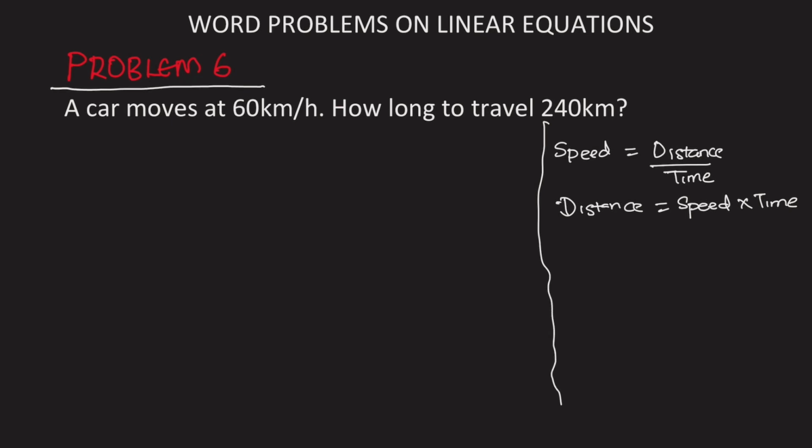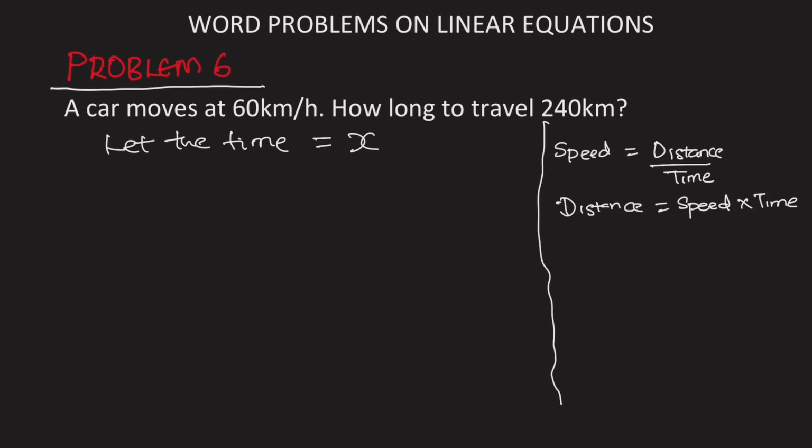Okay, let's go. So this question says a car moves at 60 kilometers per hour. How long? What does it tell us? That what we are looking for is the time. So let the time equal x.